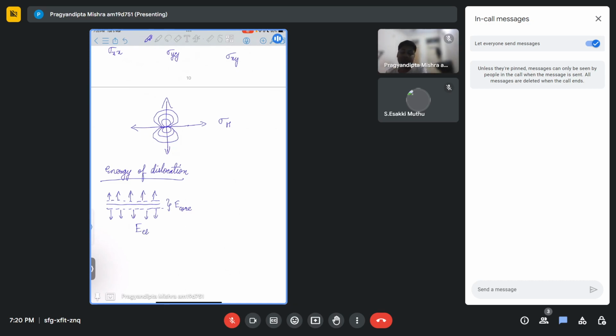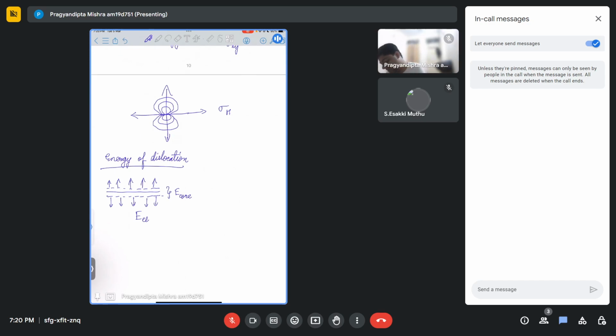Now core energy has a separate derivation. What we are interested in is the elastic energy. Elastic energy can be found using the summation rule: half of sigma ij times epsilon ij gives you the energy.